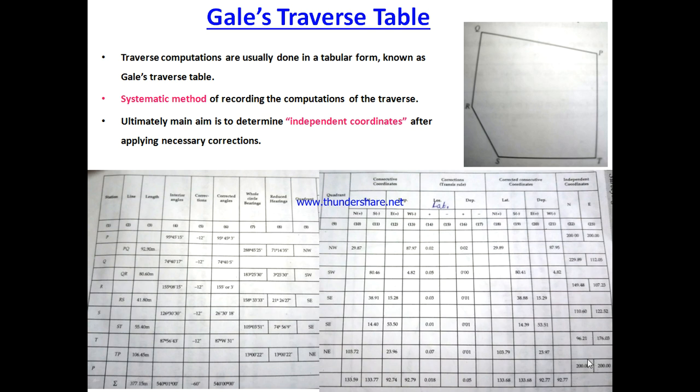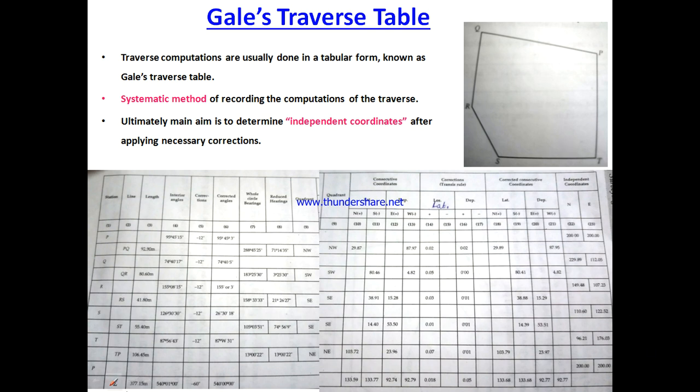So in this manner, after calculating the coordinates for all the stations P, Q, R, S, T, at the last if I am getting the same coordinate 200, 200 which I chose at the beginning, then I can say that my closure error is 0 and my traverse adjustment is perfect.